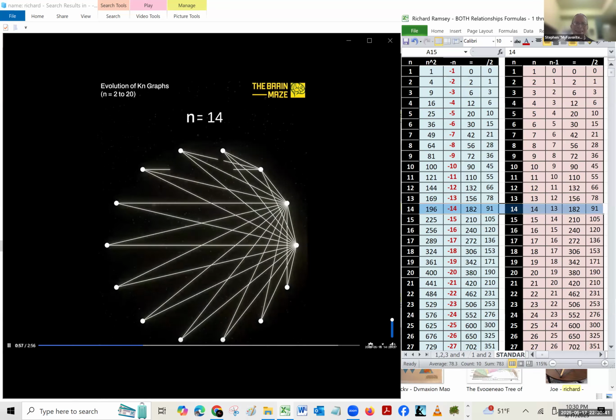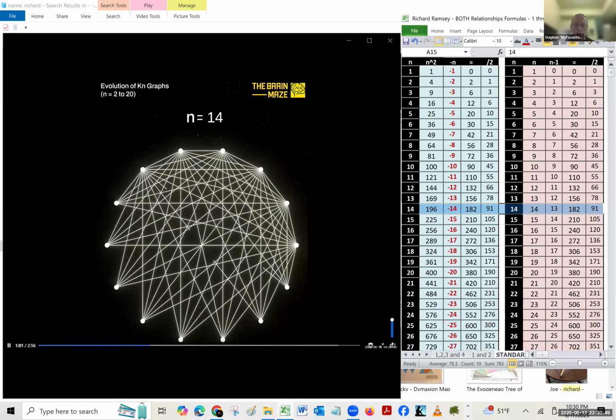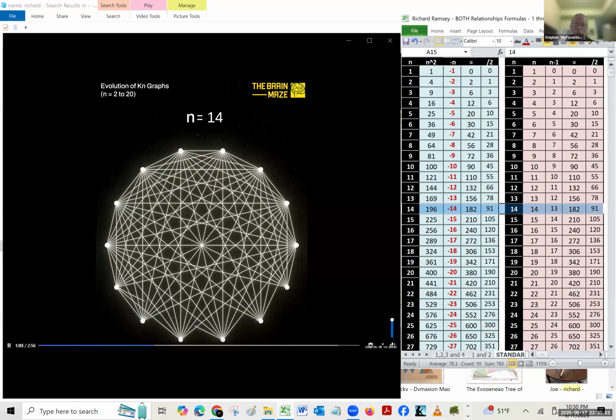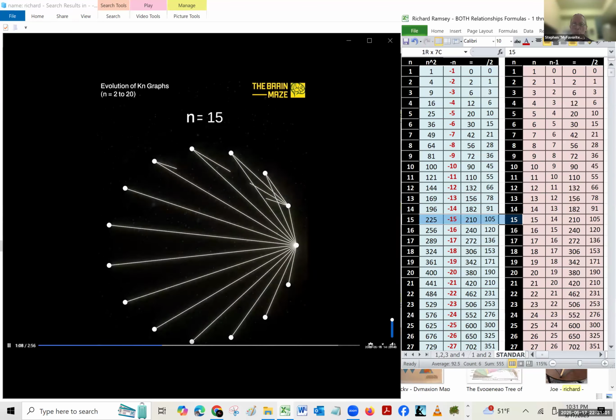When n is an even number, a starburst shows in the center of the diagram, and the number of spokes in the starburst is equal to n.